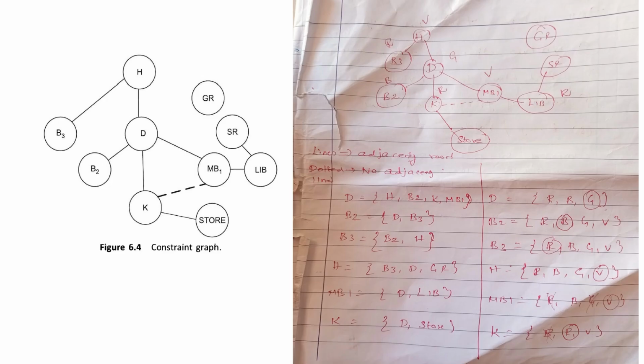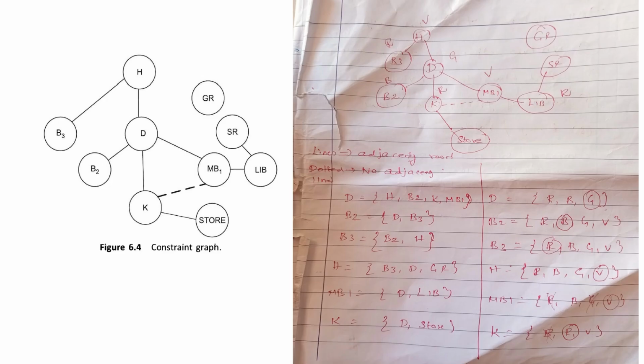And H means that is the hall, it can be connected to B3, and then D, and then the gardening room. And then B1 can be connected to the dining and then the library. K, and then dining, and then the storeroom. So these are all the possible regions. Whatever the room, its possible connections should be presented.